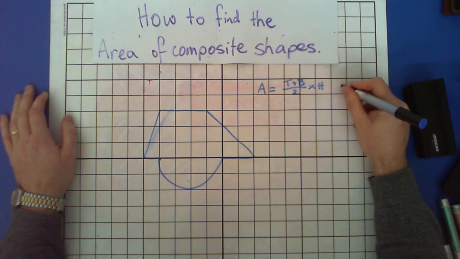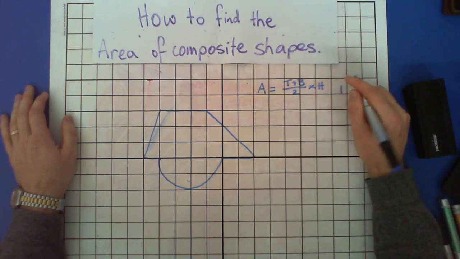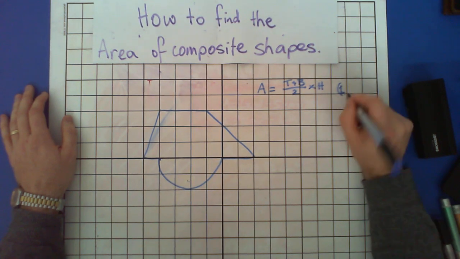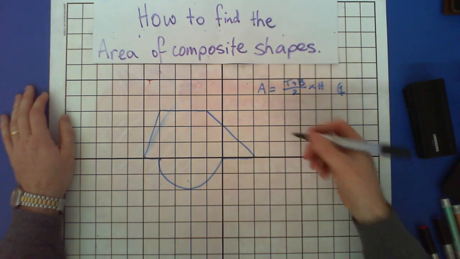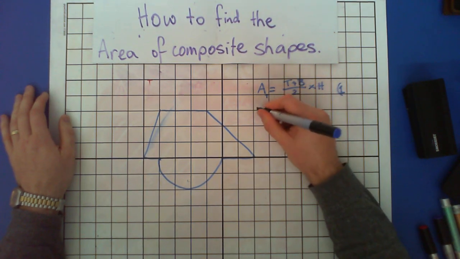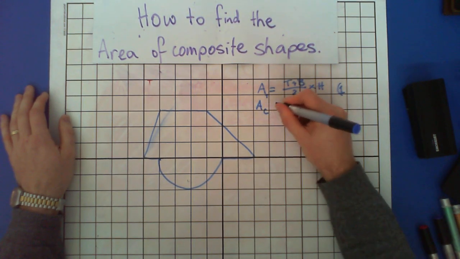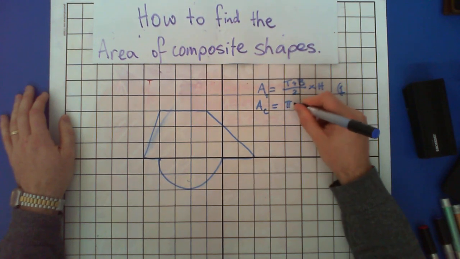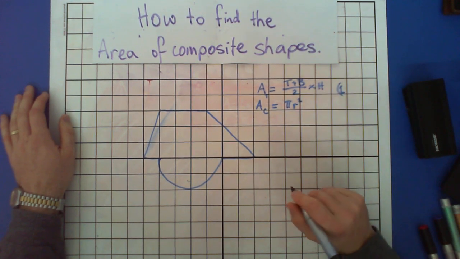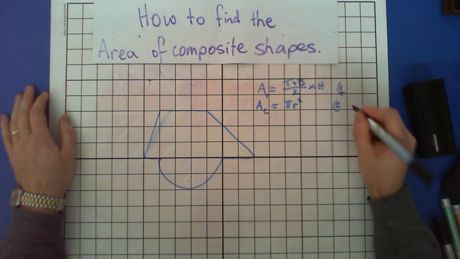I'm going to label this equation 1, which I'm allowed to do. It's just a different way to organise our work here. And then our area of our circle, we know that's equal to pi r squared. I'm going to call this equation 2.